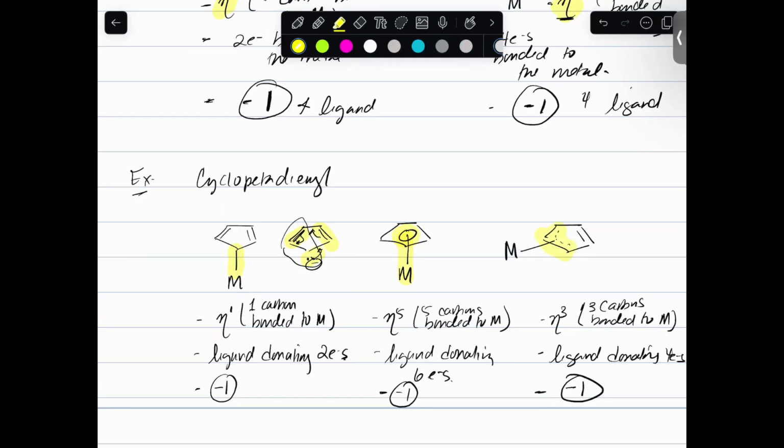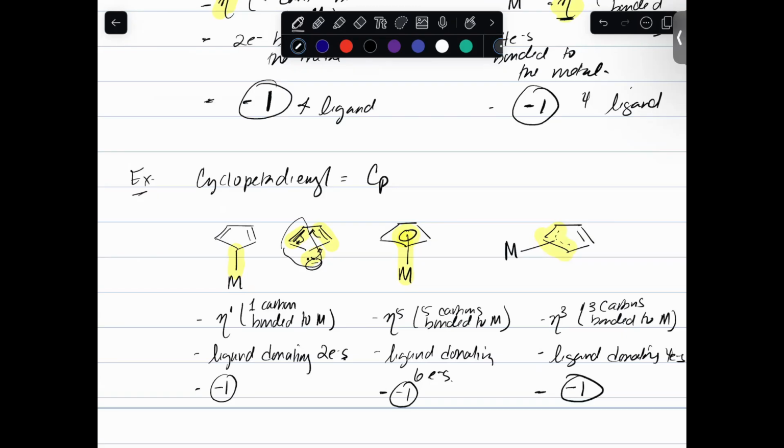So these are the various ways that cyclopentadienyl can bond to a metal. Now, I introduced this in problem set 2 in the sense that I told you that cyclopentadienyl is typically denoted as CP. Okay. Now, usually in front of the CP comes the eta.